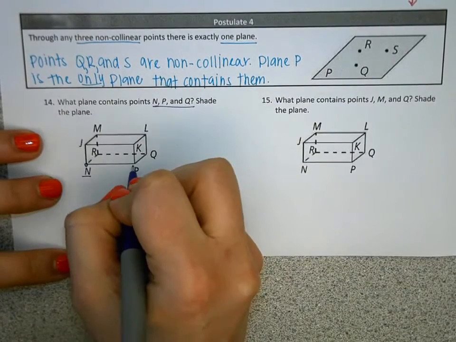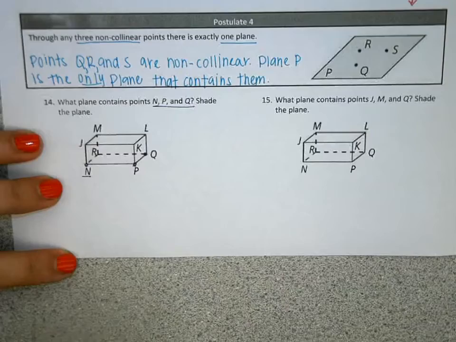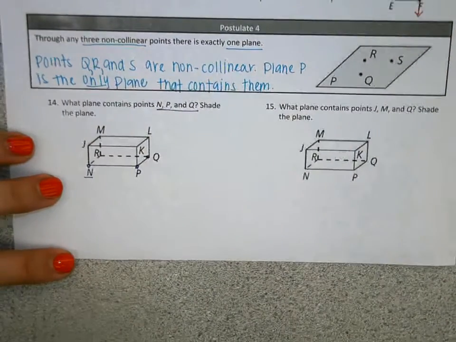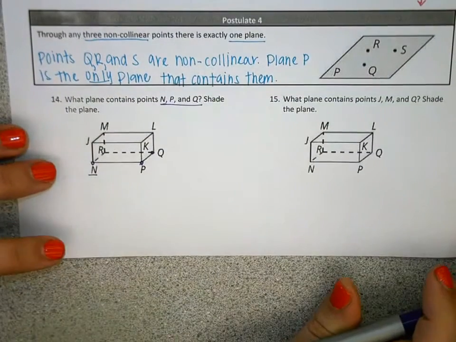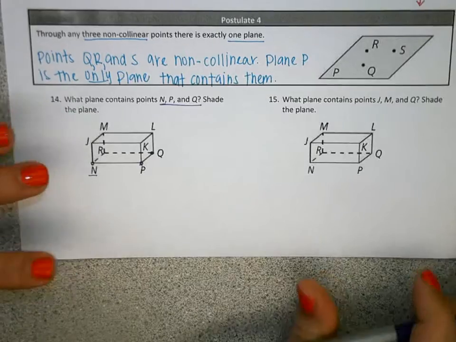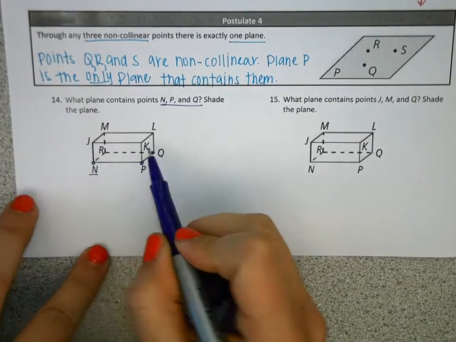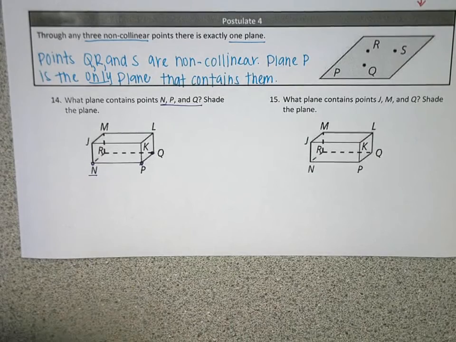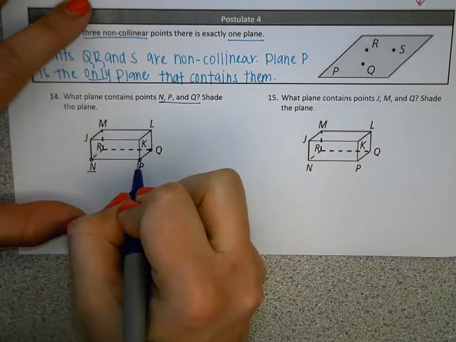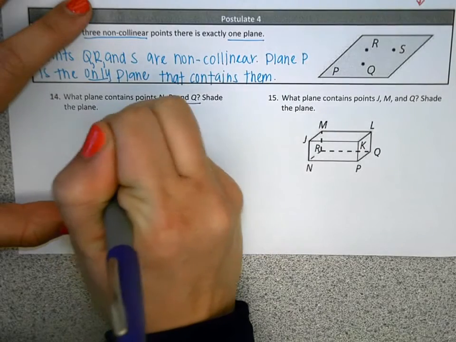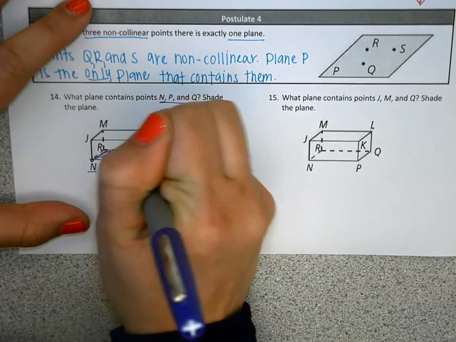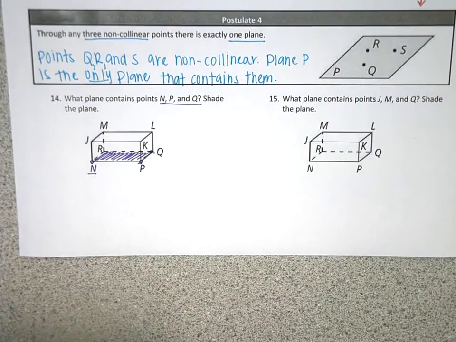So you guys, according to this rectangular prism, what section of it has those 3 points? One of the sides, the top, the bottom, the back, what is it? The bottom. So points N, P, and Q is this bottom section right there. So we're just shading where the plane is to help you visualize it.